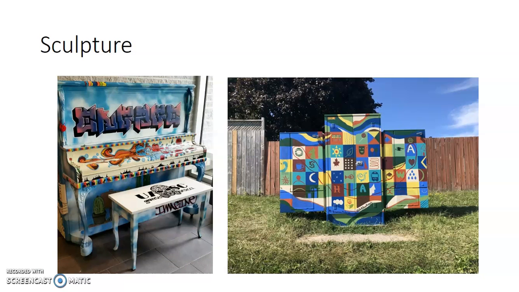Street art sculpture is very powerful, and so we participated in the 88 Keys project, where you may not necessarily see it as a sculpture, but the idea is that we took a piano and changed it and used it so we could have the community interact with each other and with a piece of music in a different way.